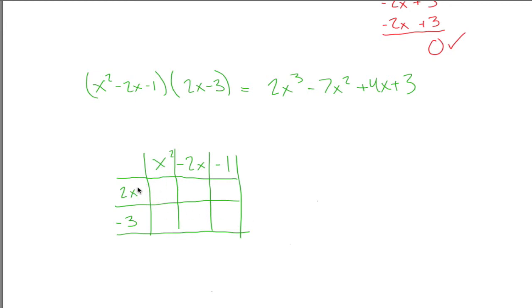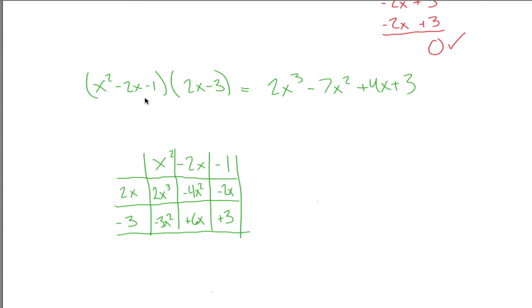If you think about this as 2x to the 1 power, and this is 1 times x squared, the coefficient, the 1 times the 2 gives me 2. And then with the exponents, x to the first power times x to the second power, we add those exponents and get x to the third power. And if you do similar logic throughout, you get minus 4x squared minus 2x minus 3x squared plus 6x plus 3.